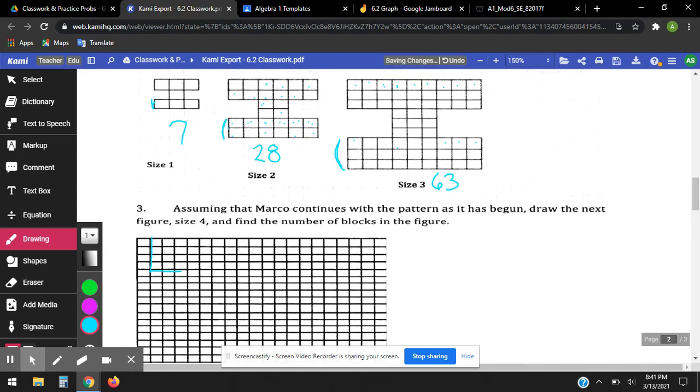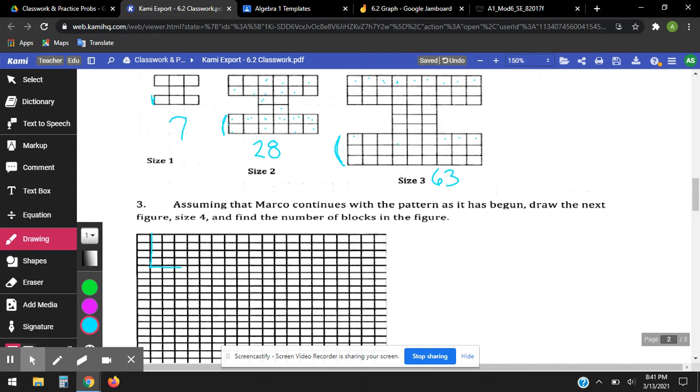And as it goes in, 1, 2, 3, 4 down, 1, 2, 3, 4 across, 4 down, and a whole bunch across. Let's see, we have 4.